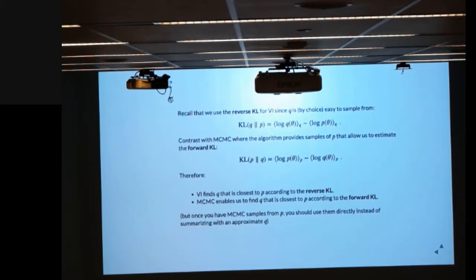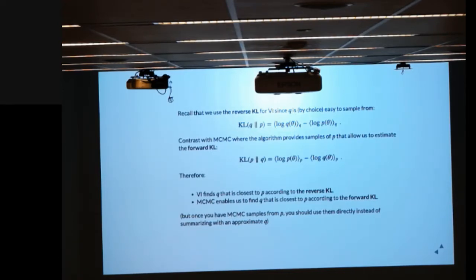Okay, so just to finish up on this topic, I just want to come back to Markov chain Monte Carlo and show you that it actually is, in some sense, also minimizing a KL divergence. Remember, for variational inference, we use the reverse KL, and we don't really have a choice about that because computationally, we're drawing samples from Q, and that's how we evaluate the distance between Q and the posterior.